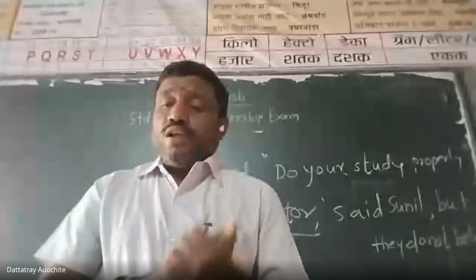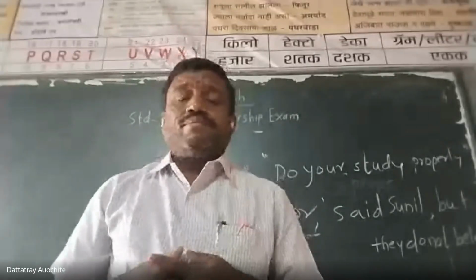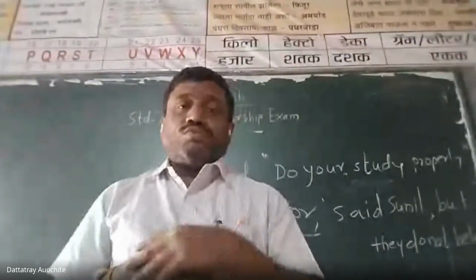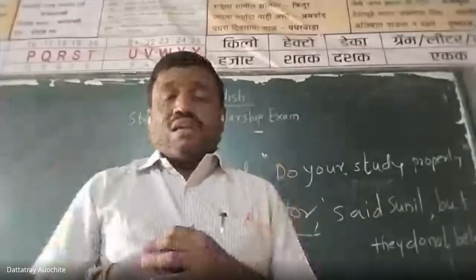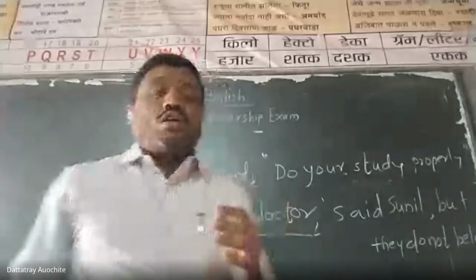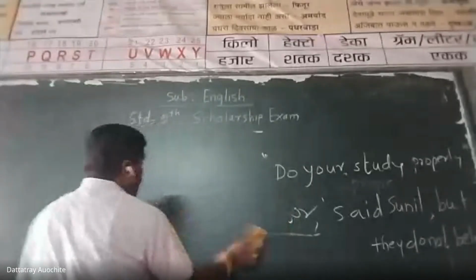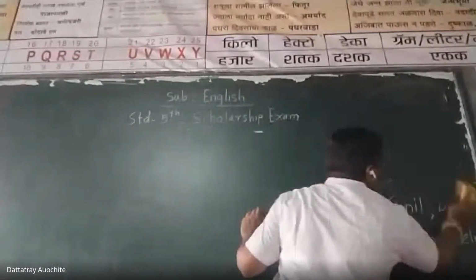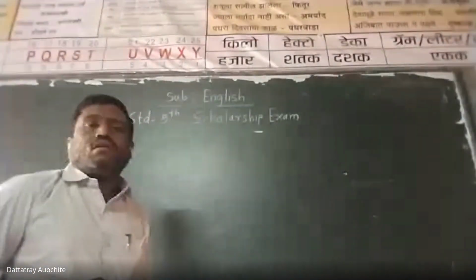So, what are the questions? See the example. What is your name? This is a WH type of question. How are you now? After completion of the question, we should add a question mark.